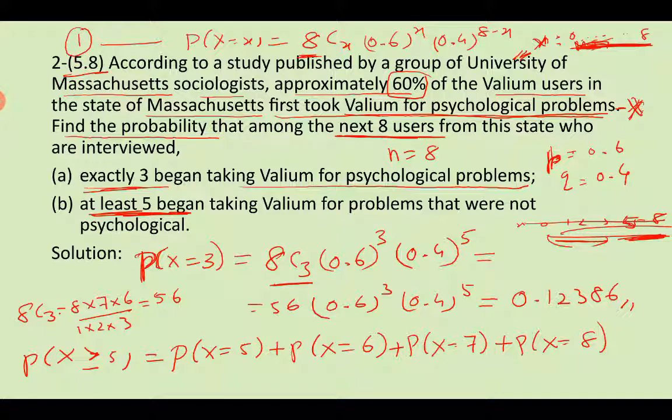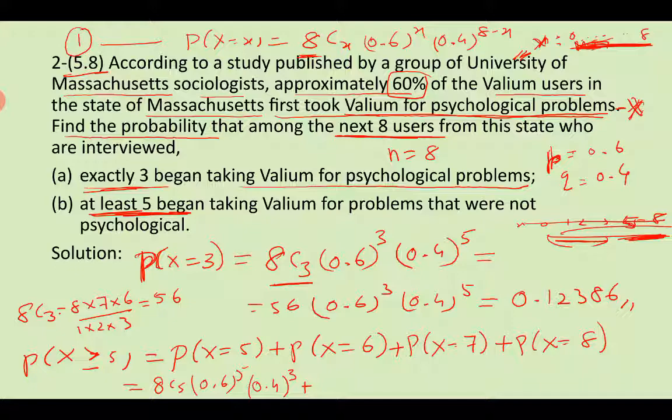Okay, for P of x equal to 5, substitute x equal to 5 in equation number 1, you will get 8C5 times 0.6 to the power 5 and 0.4 to the power 8 minus 5, which is 3.